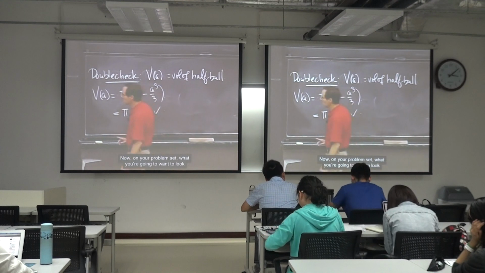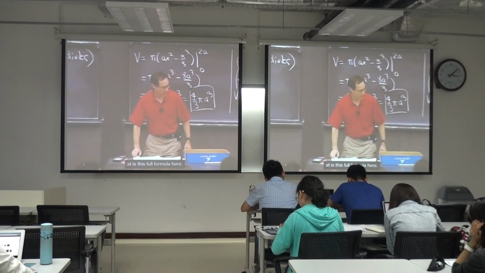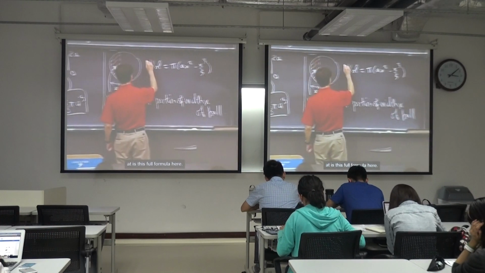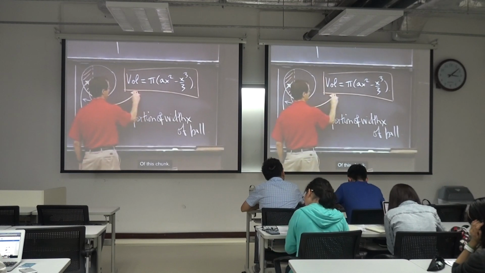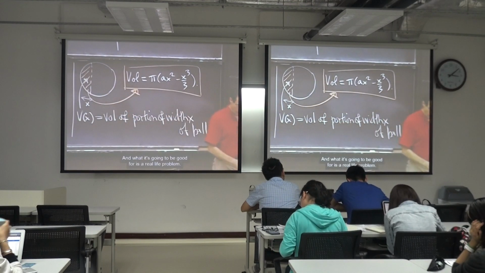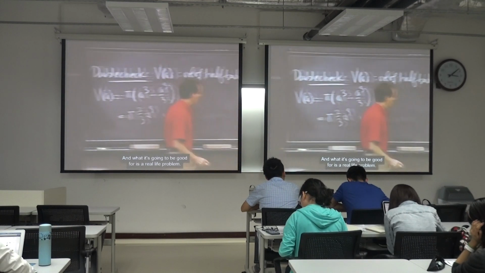Now, on your problem set, what you're going to want to look at is this full formula here of this chunk. And what it's going to be good for is a real-life problem.